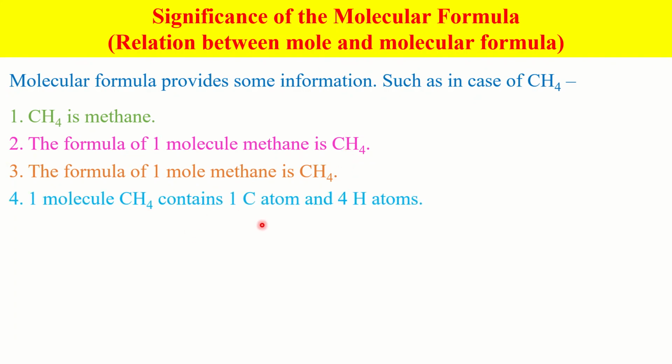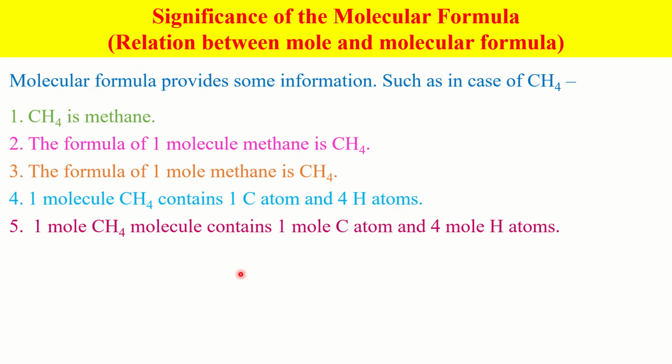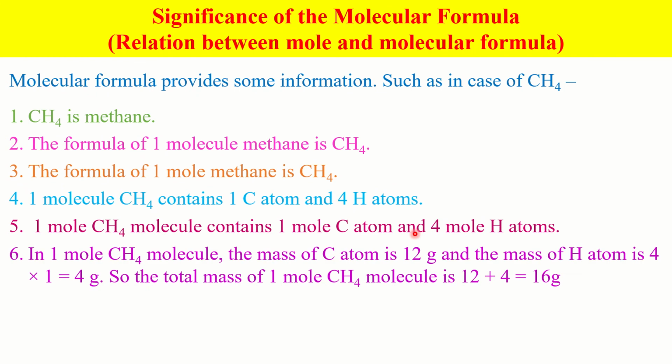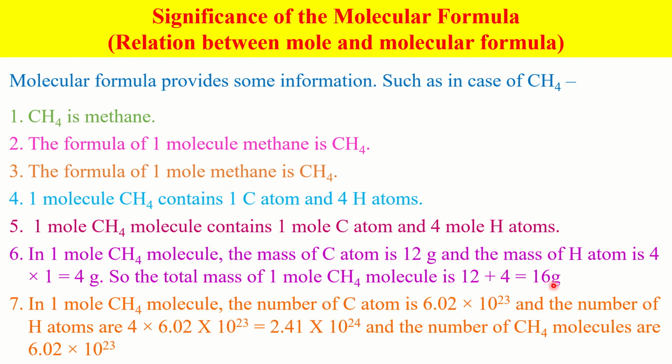1 molecule methane contains 1 carbon atom and 4 hydrogen atoms. You know this. 1 mole methane molecule also contains 1 mole carbon atom and 4 mole hydrogen atoms. In 1 mole methane molecule, the mass of carbon atom is 12 gram and the mass of hydrogen atom is 4 gram. So the total mass of 1 mole methane molecule is 16 gram.